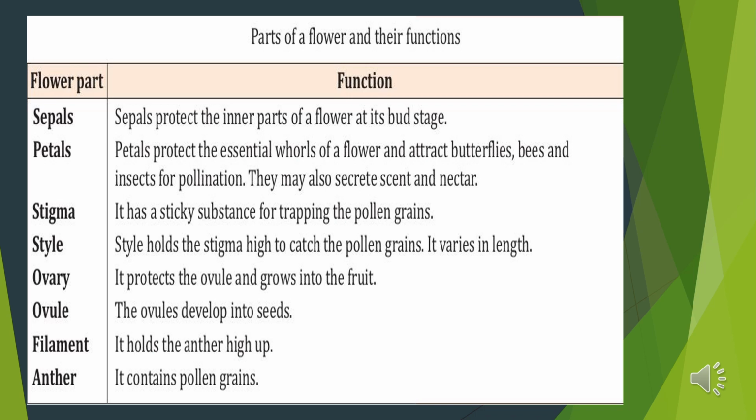Stigma has a sticky substance for trapping the pollen grains. Style holds the stigma high to catch the pollen grains. Ovary protects the ovule and grows into the fruit. The ovules develop into seeds.